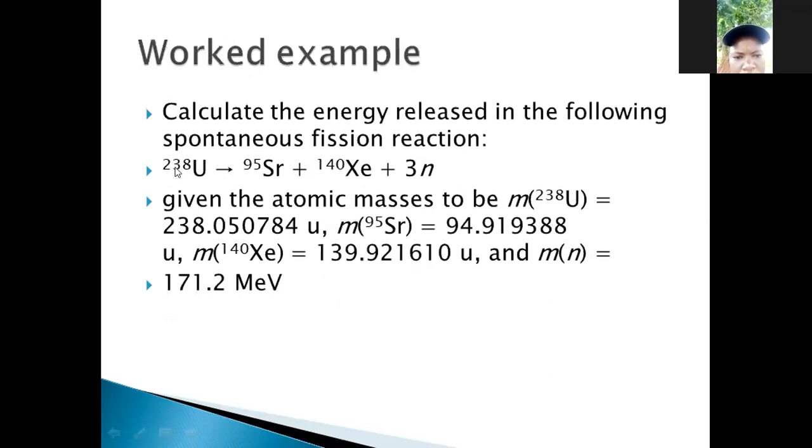Like for example, 238, it is 238.050784 atomic mass units.